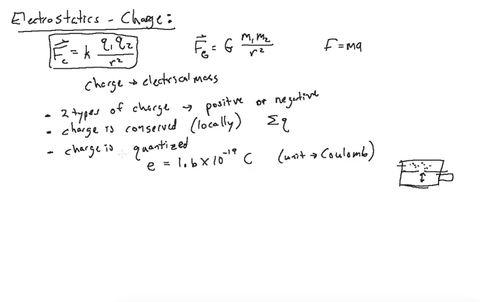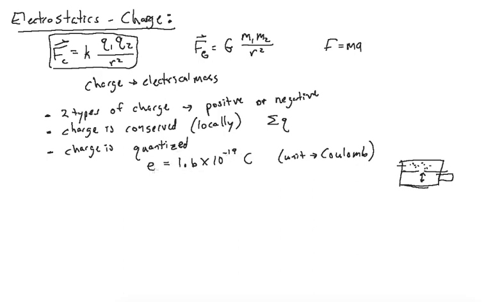Okay, so those are our three main differences here. There are two types of charge, positive or negative. They're just opposites. Charge is conserved locally, means you can't get rid of it, you can't destroy it. The total net charge is conserved locally. And charge is quantized, which means if you could ever measure the amount of charge you had in an object exactly, this is a really small number, then it would be divisible by this.